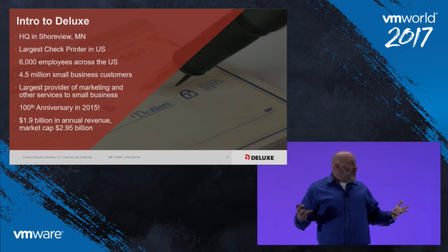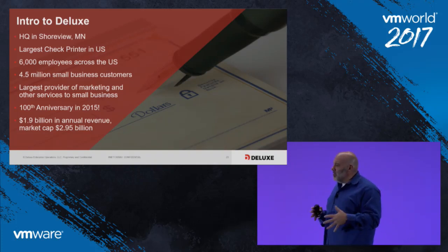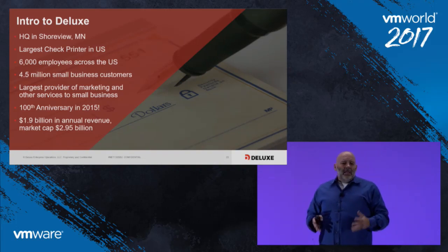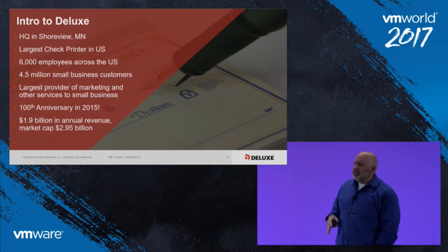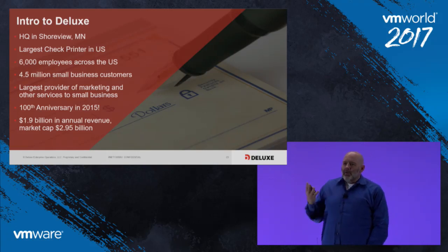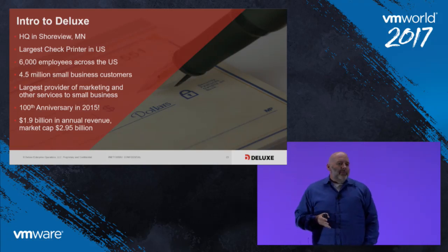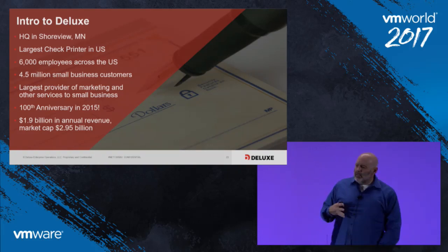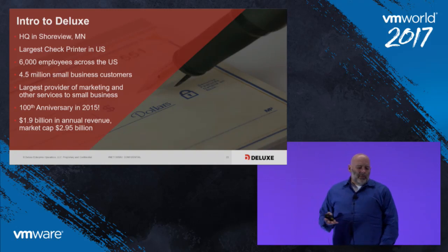But then it got disrupted. About 20 years ago or so, e-commerce and electronic payments came along and people stopped writing checks. I think I maybe write 2 a year, and I work for Deluxe. As part of that, Deluxe had to pivot and transform.